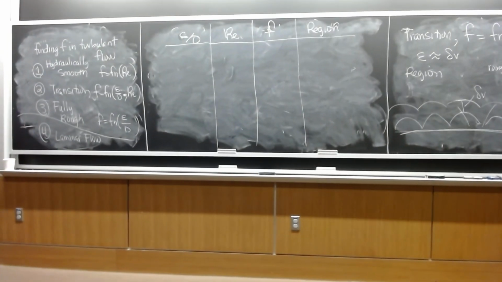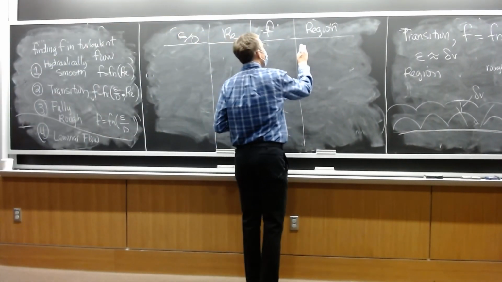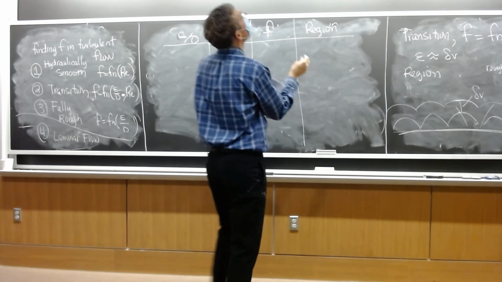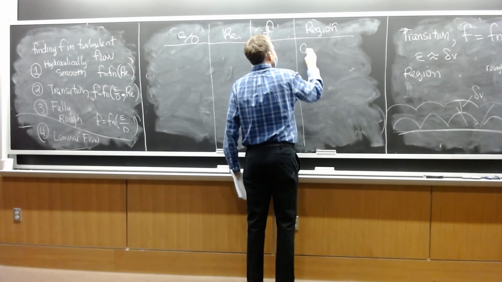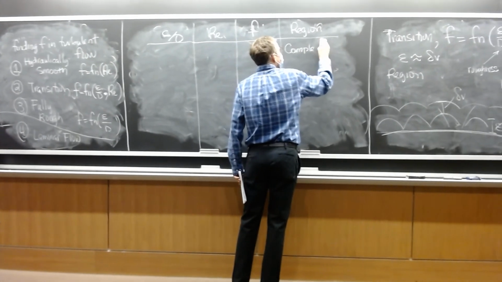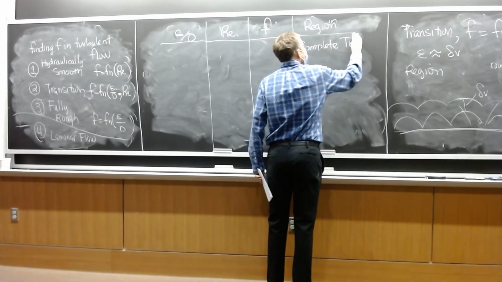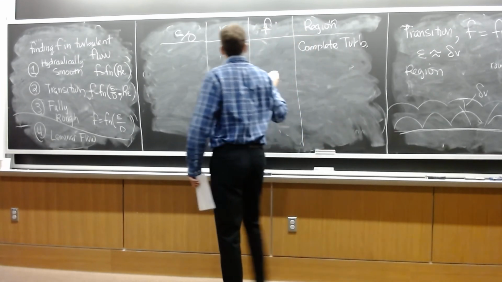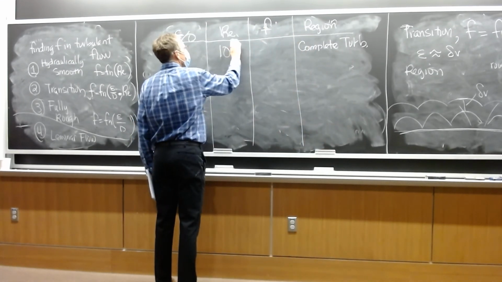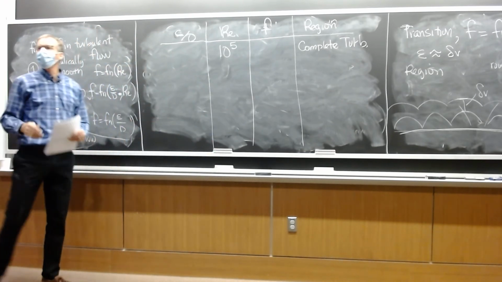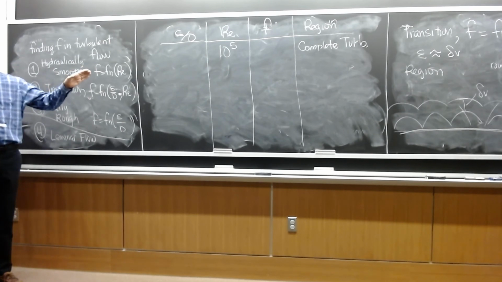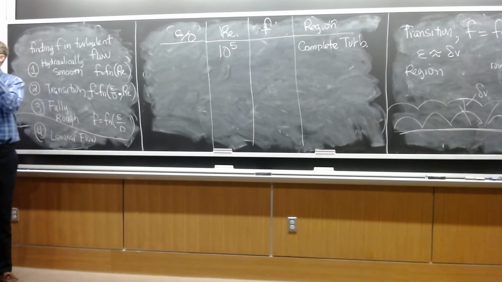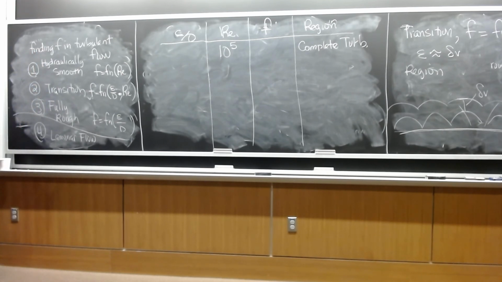Okay, so if I said, what's it called here? Complete turbulence. So give me a value for the relative roughness with a Reynolds number of 10 to the 5th that's in the region of complete turbulence.